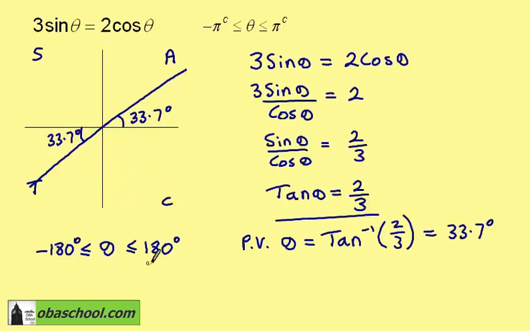We're looking for solutions between minus 180 and 180, so we start at minus 180 and come forward by 33.7 degrees. This gives us minus 146.3 degrees.